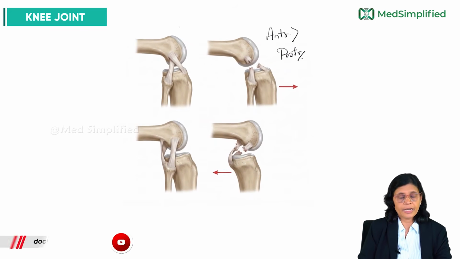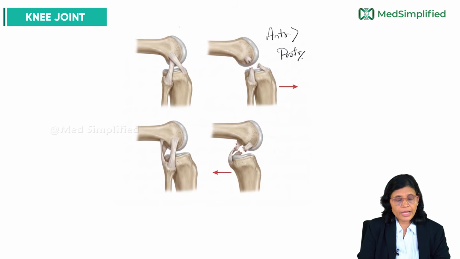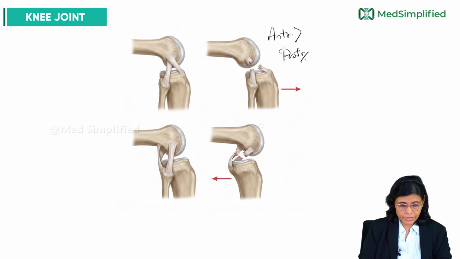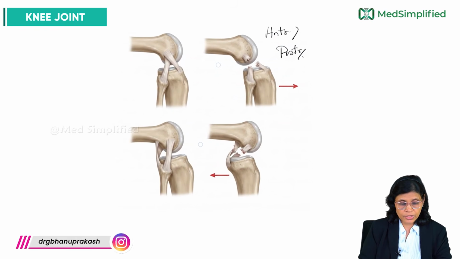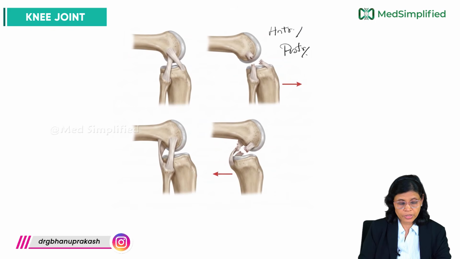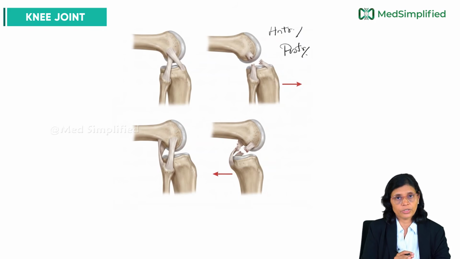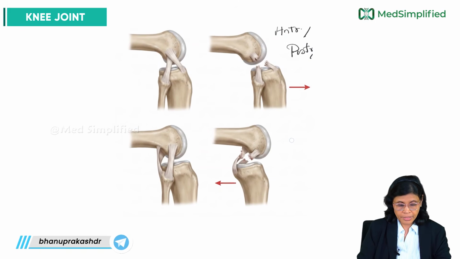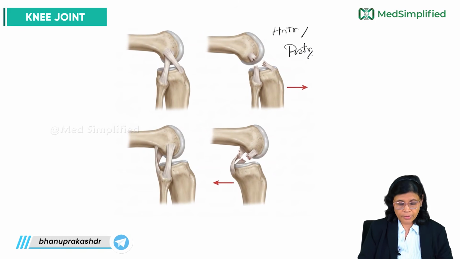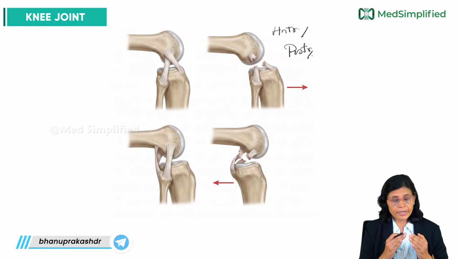Anterior cruciate ligament injury happens in case of anterior dislocation of the tibia, whereas the posterior cruciate ligament is injured in posterior dislocation of the tibia, right. Because these cruciate ligaments maintain the anteroposterior stability.